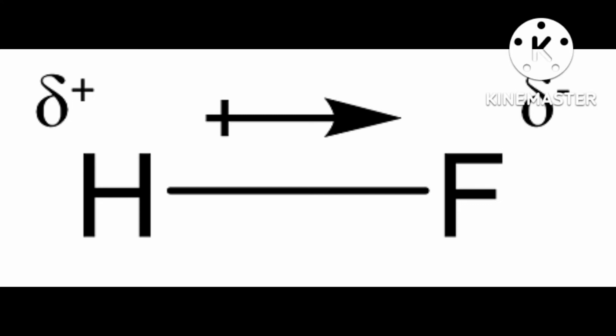The net dipole moment is 6.17 into 10 to the power minus 30 Coulomb meter. Okay. And if you want to express it in terms of Debye, then you have to multiply by 3.33564 into 10 to the power 30.